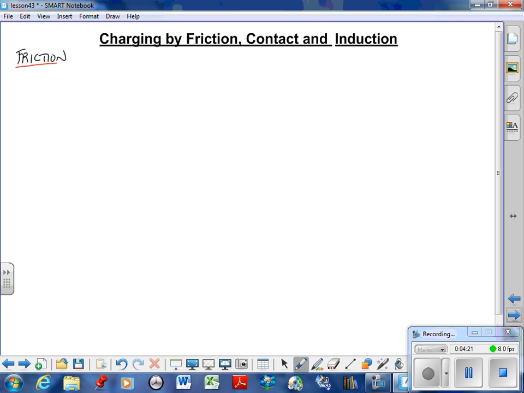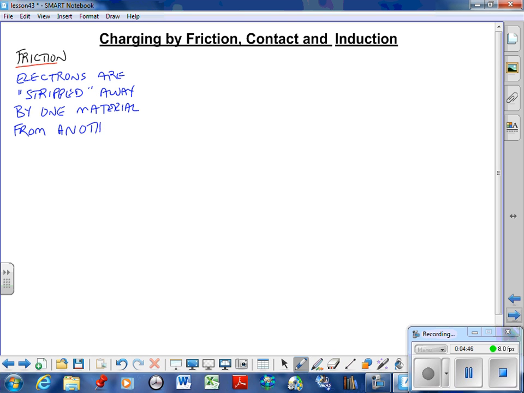So friction, basically the electrons are stripped away by one material from another. So we say that the one material has a greater affinity for electrons.